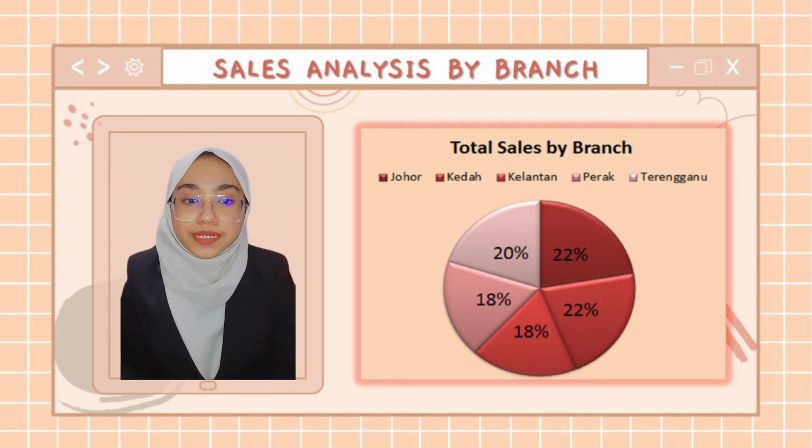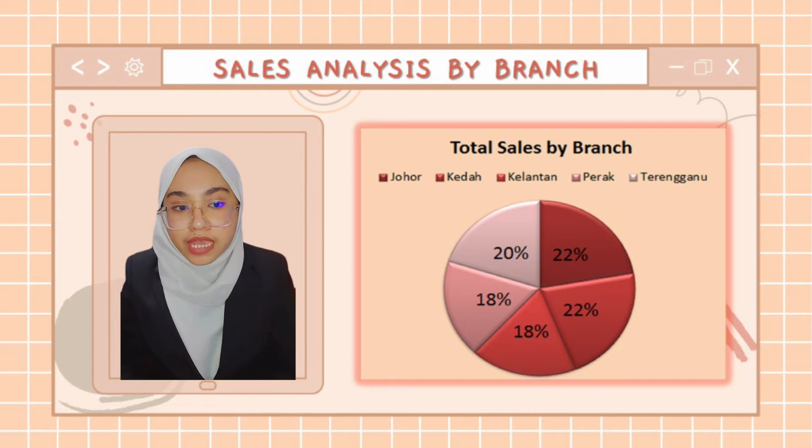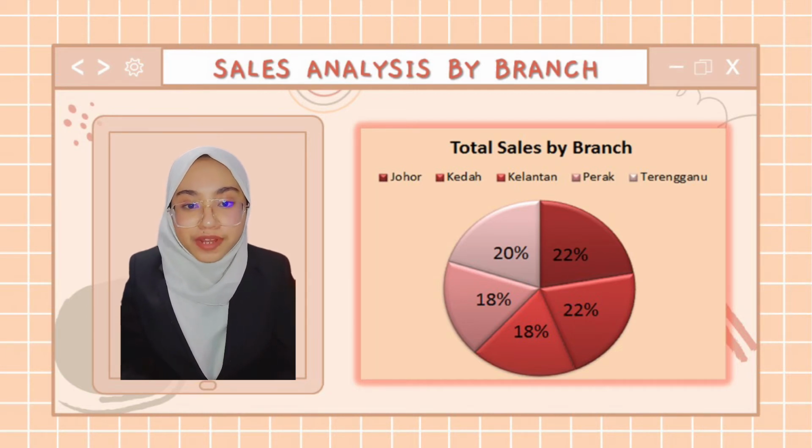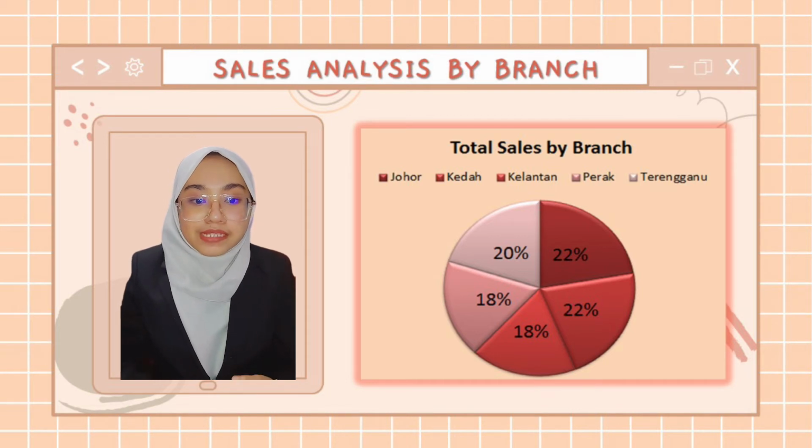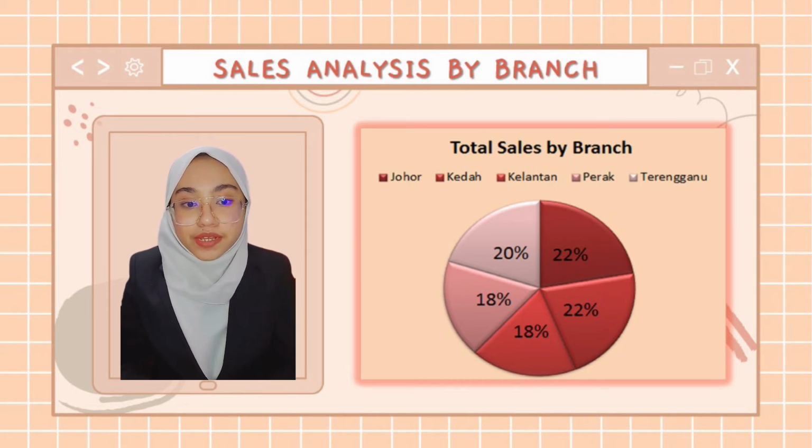So, referring to the data in the Excel, the product that made the highest contribution was the sport shoes, which is 1,170 ringgit. Followed by leather shoes at 900 ringgit, sneakers 350 ringgit, slippers 175 ringgit, and lastly sandals at 185 ringgit Malaysia.